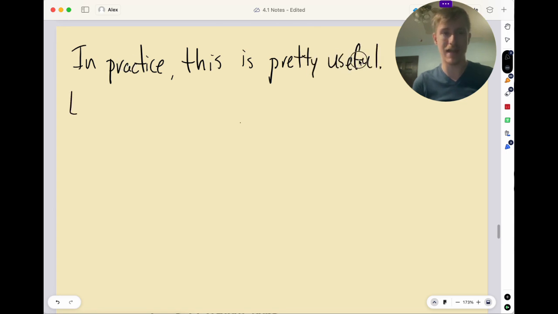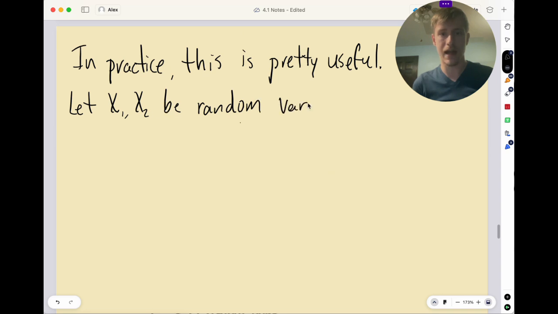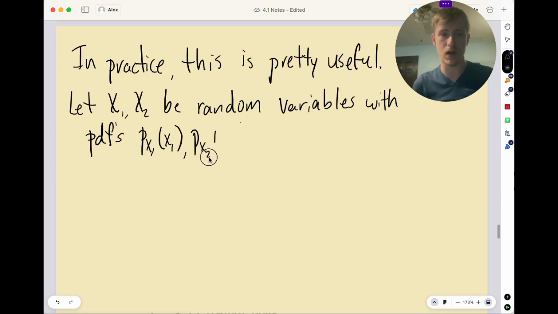So let x1 and x2 be random variables with probability density functions p x1 of x1 and p x2 of x2. These can be either discrete or continuous, but we're going to consider each case separately.